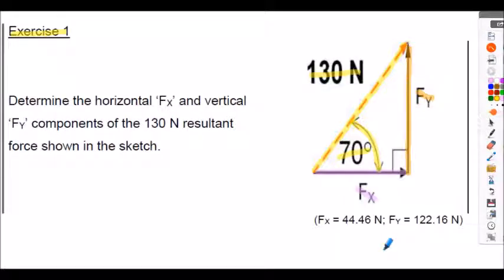This involves a very similar process as shown on the previous example, so I'll let you evaluate this on your own, but the answers are shown here in the brackets for Fx and Fy. I'd encourage you to start the presentation and attempt exercise 1.